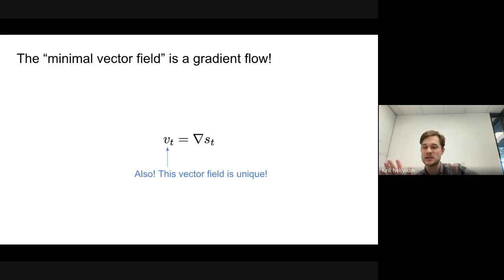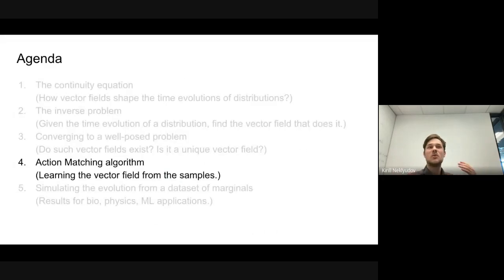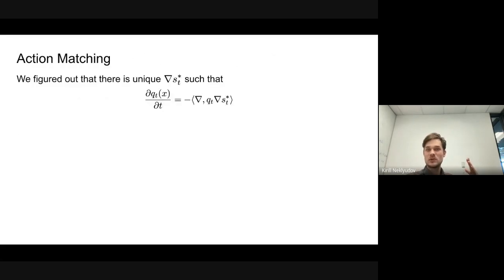And we also can say that it's unique, but we can get to it maybe after the end, with a simple proof that it's unique. So far, we'll just take it as given that there exists a unique vector field that drives the histogram. So in some sense, I want to say that the problem is already well defined, and we can move on to the algorithm.